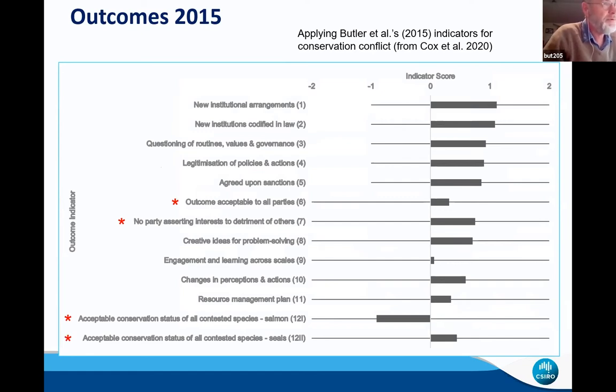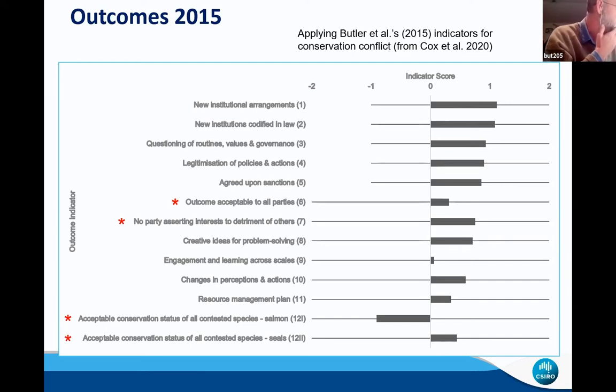And in this case, we went back and did another evaluation in 2015 with Thea Cox, a student of ours. This is from her recent paper. And what we did is we added, in this case, to the outcome indicators, a couple that were specific to the conservation conflict issue. And those are with the red stars that you can see.